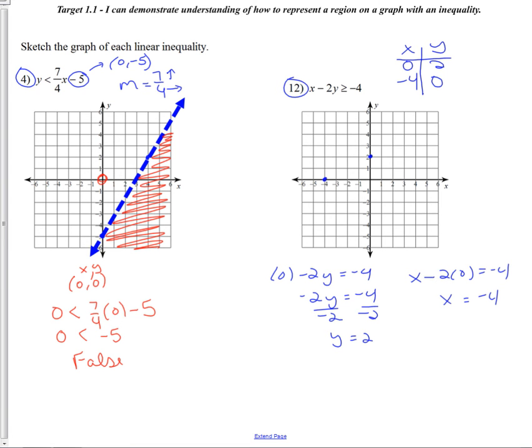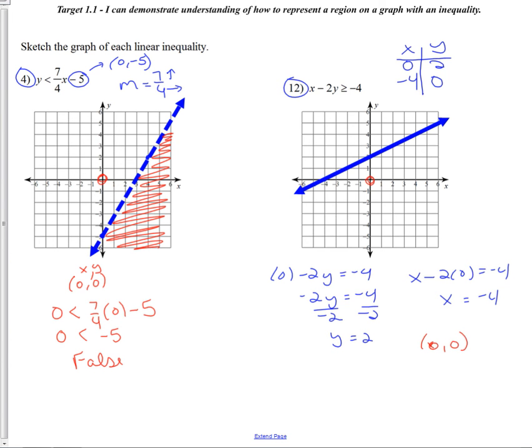So once we have our points, our intercepts, we can go ahead and draw the line. And this one is greater than or equal to, so it's going to be a solid line. And there you have it. Now we'll use the same format we did last one. We'll pick a point on one side or the other to test, so we can find out which side to shade. Again, 0, 0 seems to be the easiest one to use.